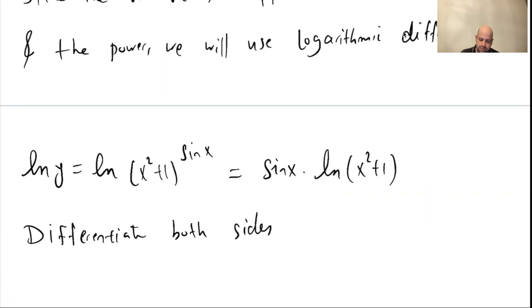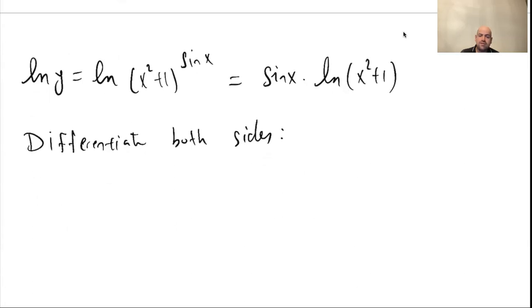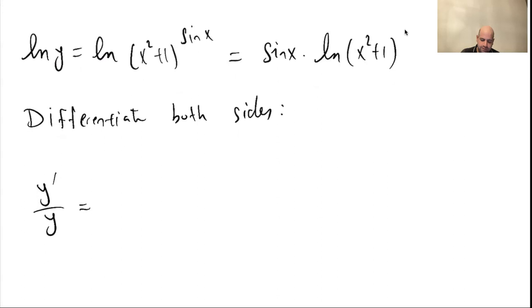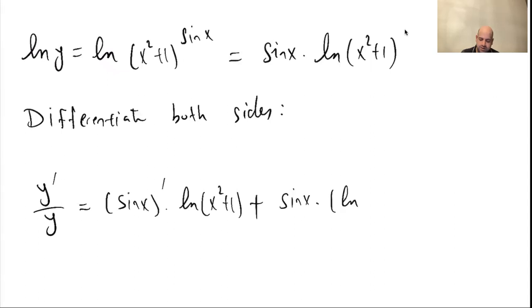Differentiate both sides, then we get ln y derivative. We saw in the previous examples that it was y prime over y. And for derivative of right hand side, again, we have to use the product rule. So for product rule, derivative of the first function, sine x derivative times ln x squared plus 1 plus sine x times derivative of the second function, ln x squared plus 1 derivative.